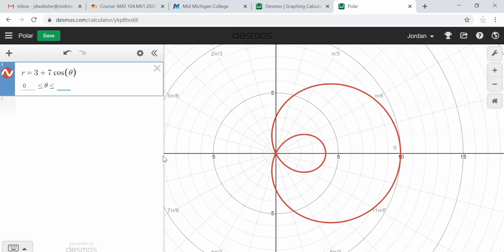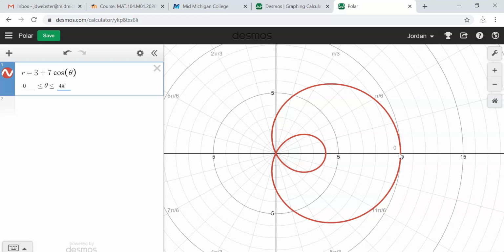By the way, if you went to 4 pi, you get the same graph. All that happens is you start at 0, at this point where my cursor is, and go around. We already see pi over 2, pi. You'd come back around, this would be 3 pi over 2, and you'd end up here at 2 pi. And then from 2 pi to 4 pi, you just retrace the graph again.